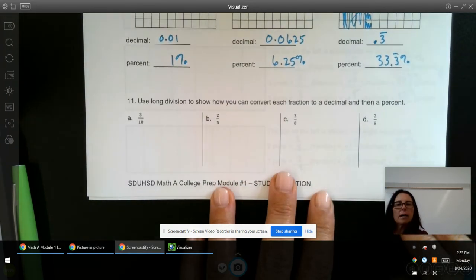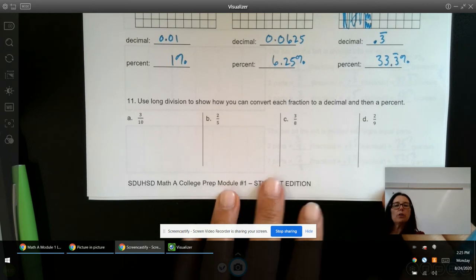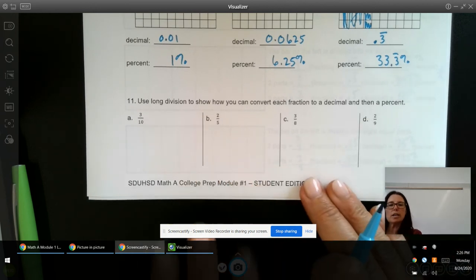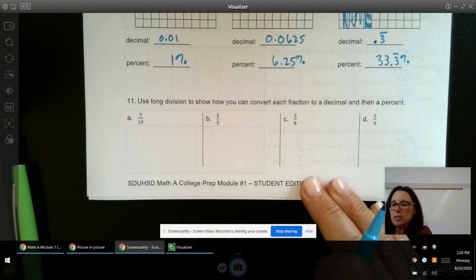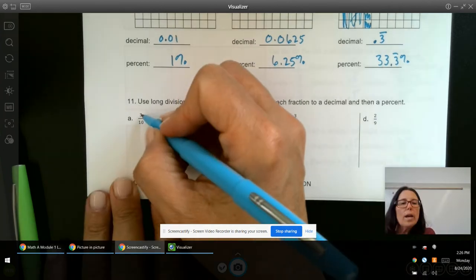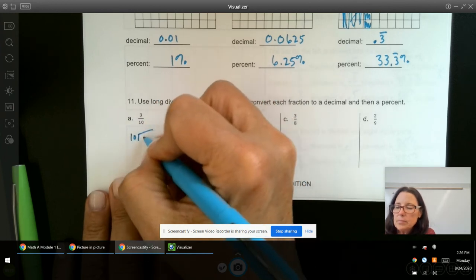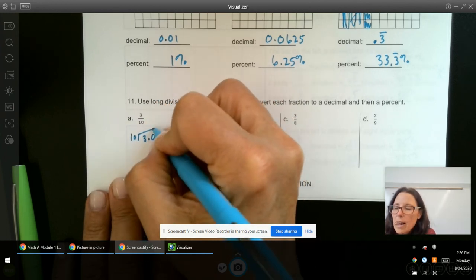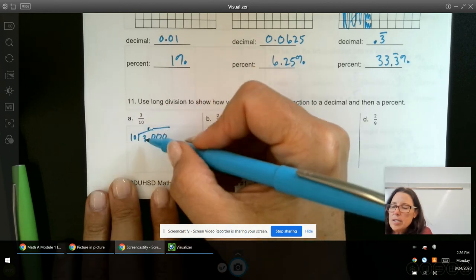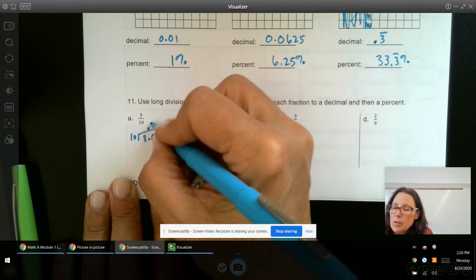All right, use long division to show how you can convert each fraction to a decimal, then a percent. So 3/10. The way that you say that is 3 divided by 10. Okay, 10 doesn't go into 3, but it goes into 33 times.